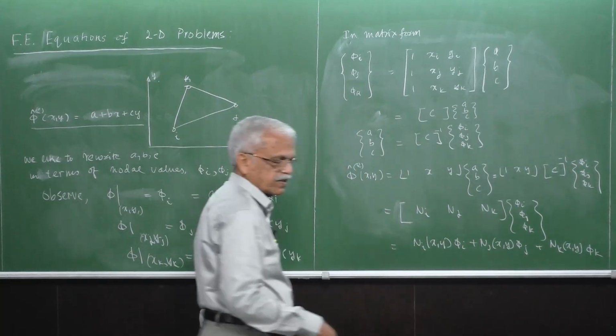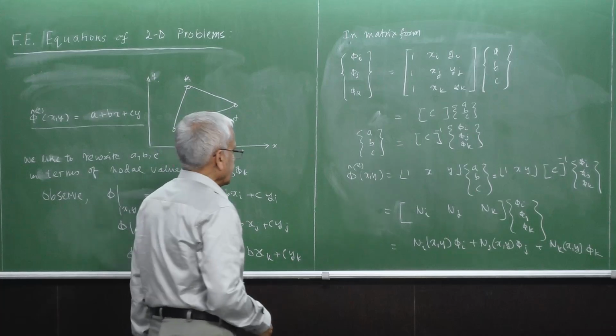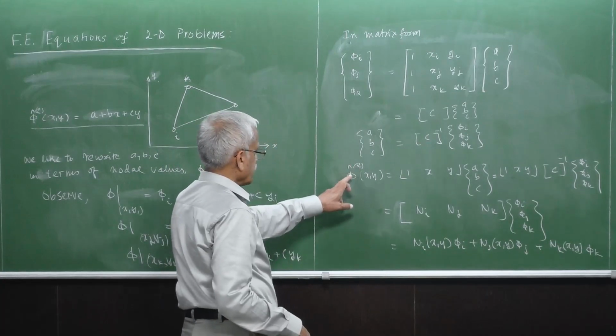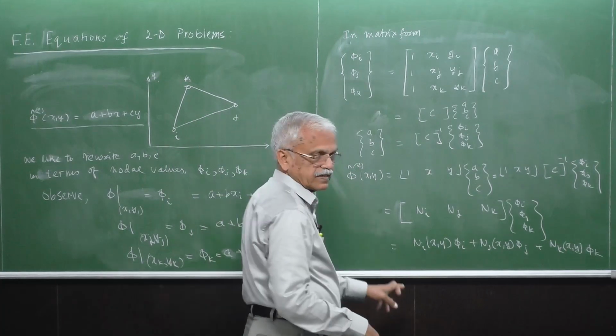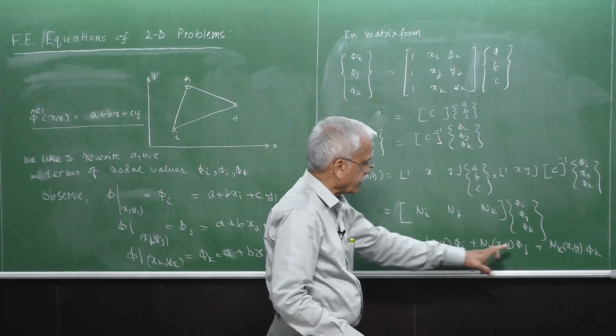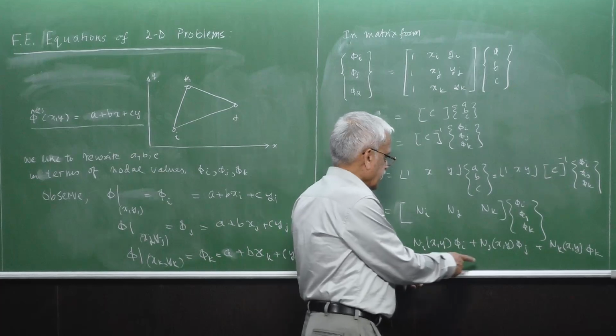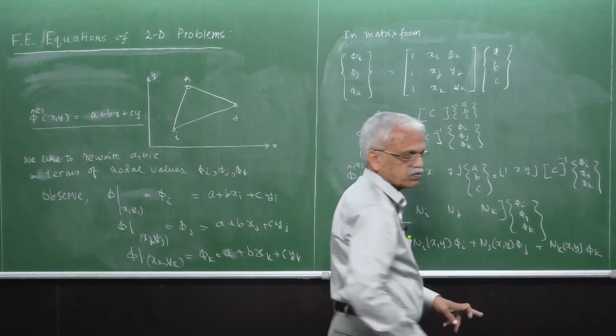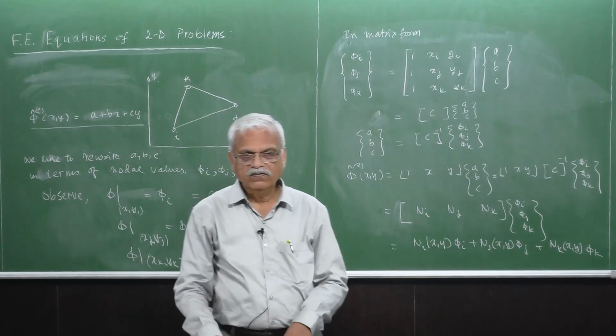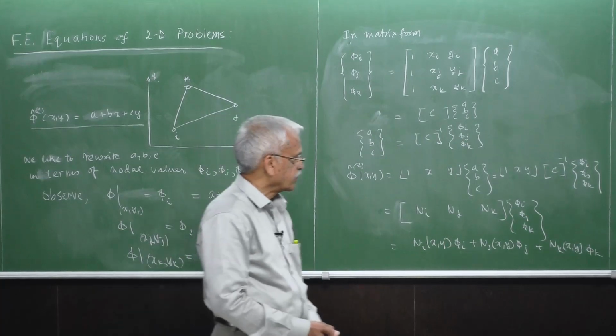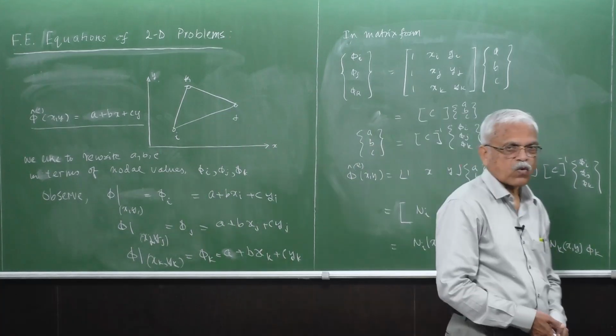So now we have been successful in writing this approximation function in the element in terms of phi i, phi j, phi k, which are the nodal values, and then Ni(x,y), Nj(x,y), Nk(x,y). These are functions in terms of the element coordinates.